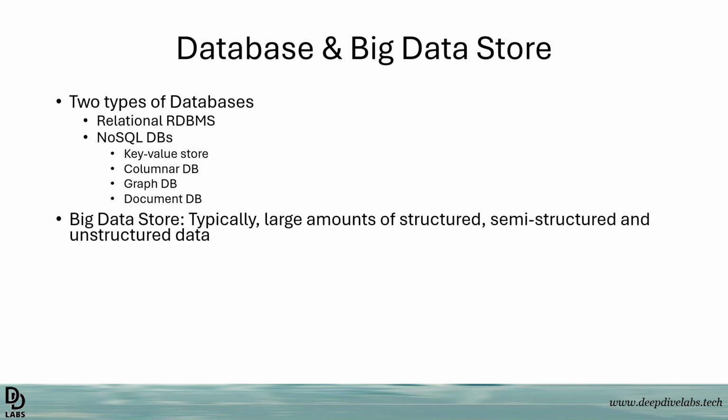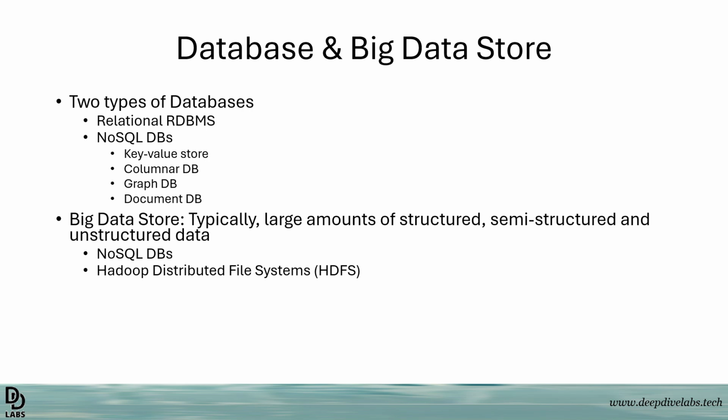So big data store varies from your typical relational database, because it is used to store large amount of not only structured data but also semi-structured and unstructured data, and it is usually distributed. So that is why big data store usually come in 2 flavors.